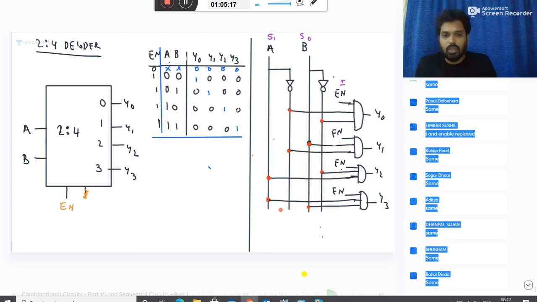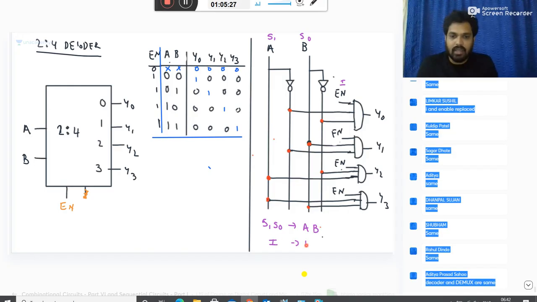So you can say like this: if S1, S0 are replaced by A, B, and your I is replaced by enable, then DMUX will work like a decoder.